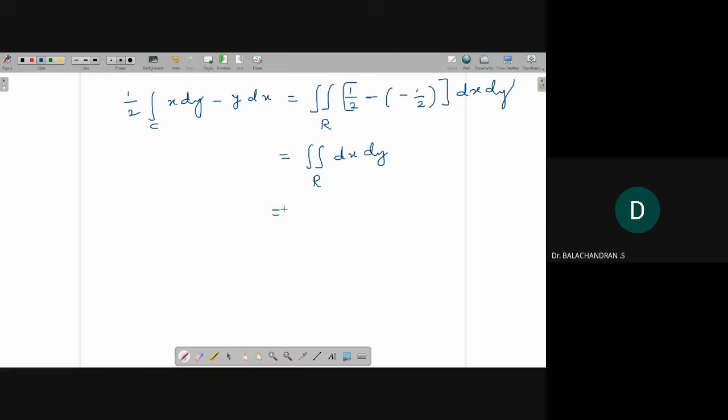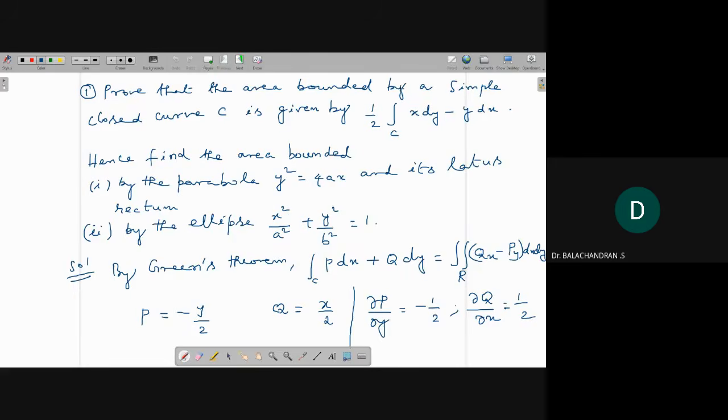So actually in the morning Sanjay told that this is nothing but the area of the region R enclosed by C. Double integral dx dy over the region R is the area of the region capital R enclosed by curve C. So I proved that the area enclosed by the simple closed curve C is equal to half of the integral over C of x dy minus y dx.